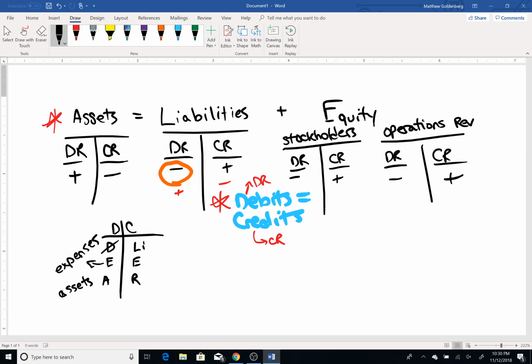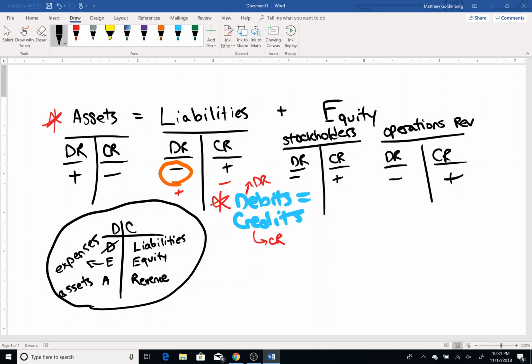L is liabilities. E is equity. And R is revenue. And each part of that represents where each of those are positive. So liabilities are positive under credit. Equity is positive under credit. Revenue is positive under credit.